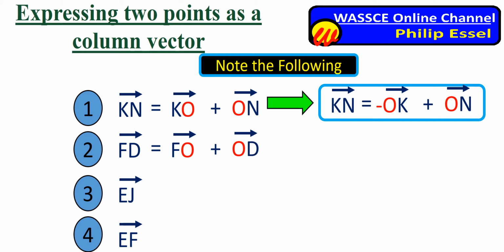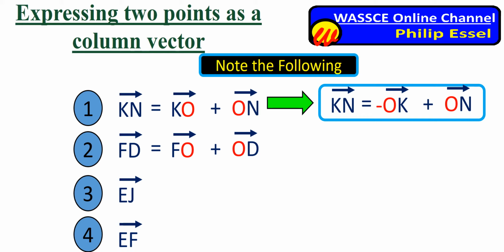So that is it. The vector OD is already in its correct form, so we leave it. But the vector FO should be rewritten in the proper way by making the O start. When we do that, we would get negative OF without changing the equation.